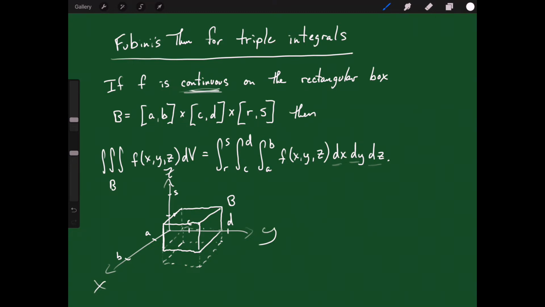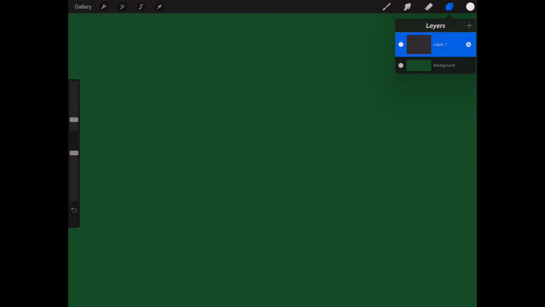So let's do an example of this and just get familiar with doing a triple integral.